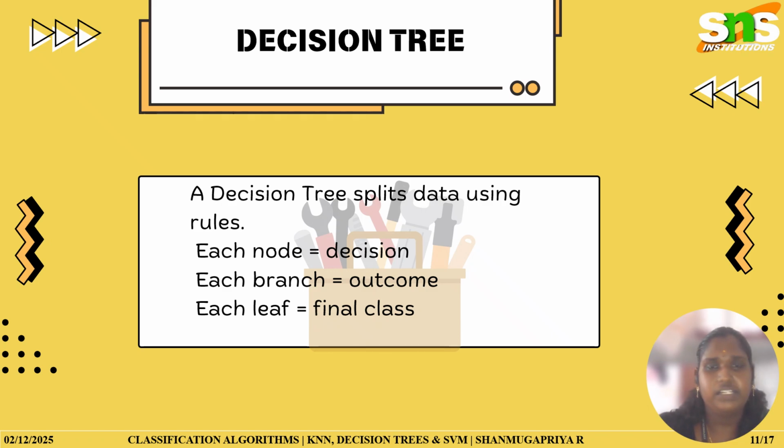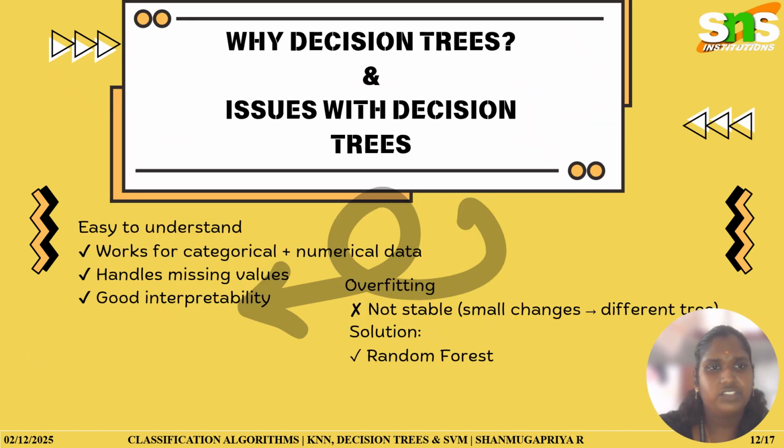Each node has a decision, each branch has an outcome, and each leaf has a final result. For example, it works on small data, works on both categorical and numerical data, and handles missing values well. But it is not suitable for very large data, where it can fail. The solution for this is random forest.